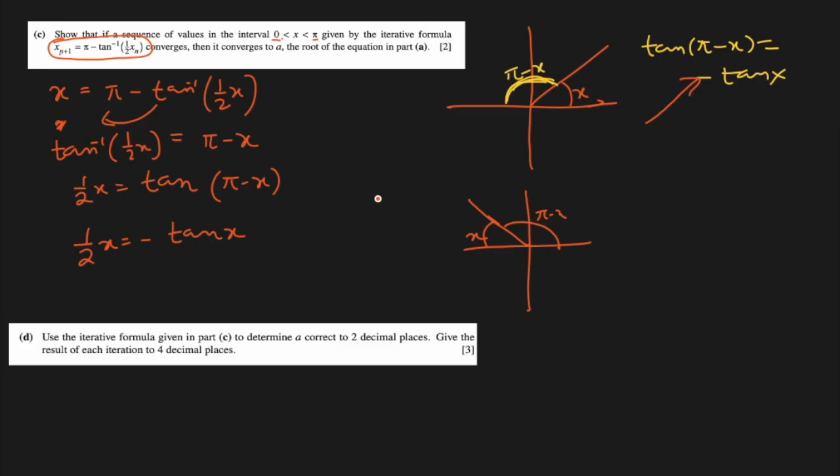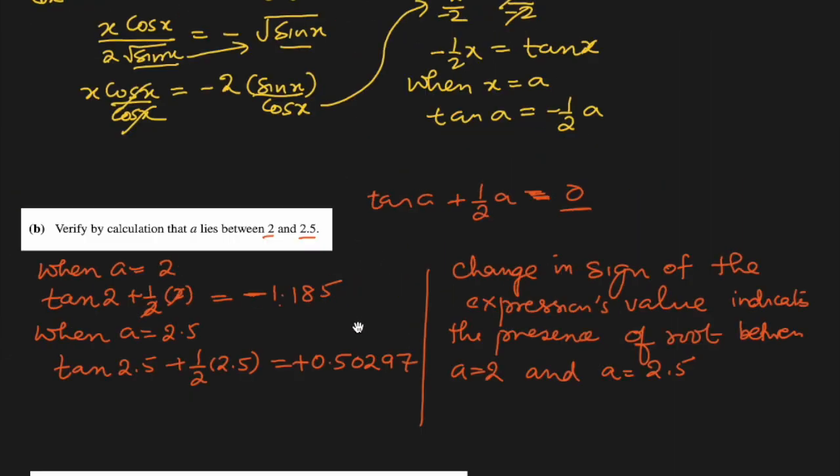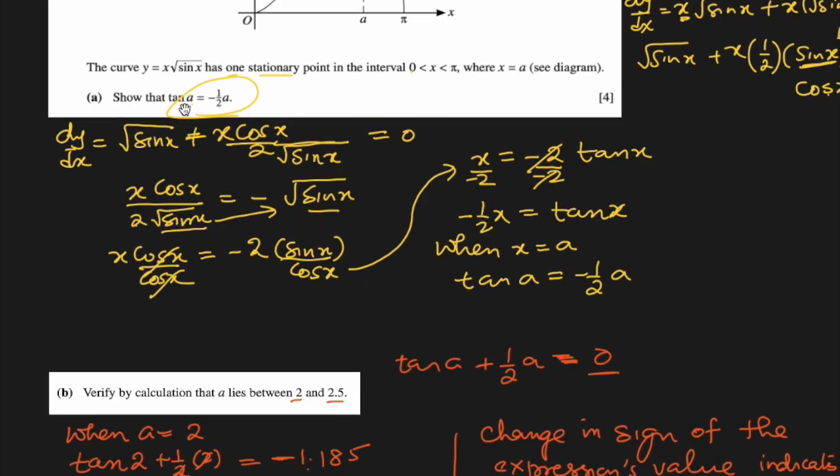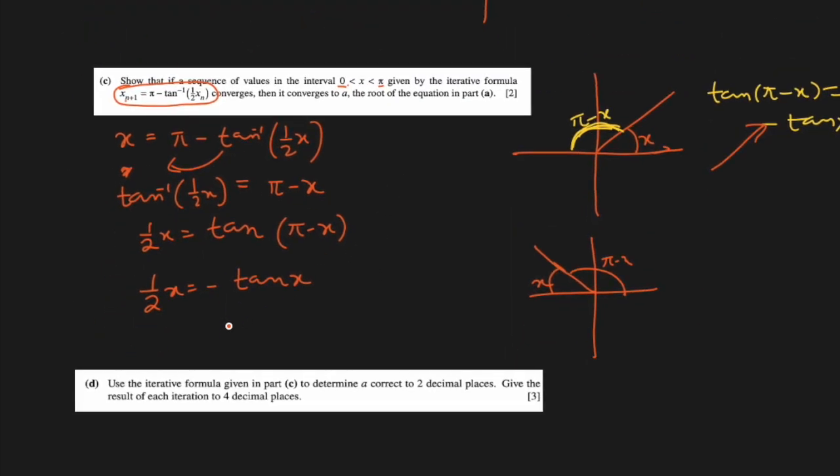And this is exactly what is there up in part A: tan x equal to minus half x. That means part A converges according to this iterative formula. Okay, next.